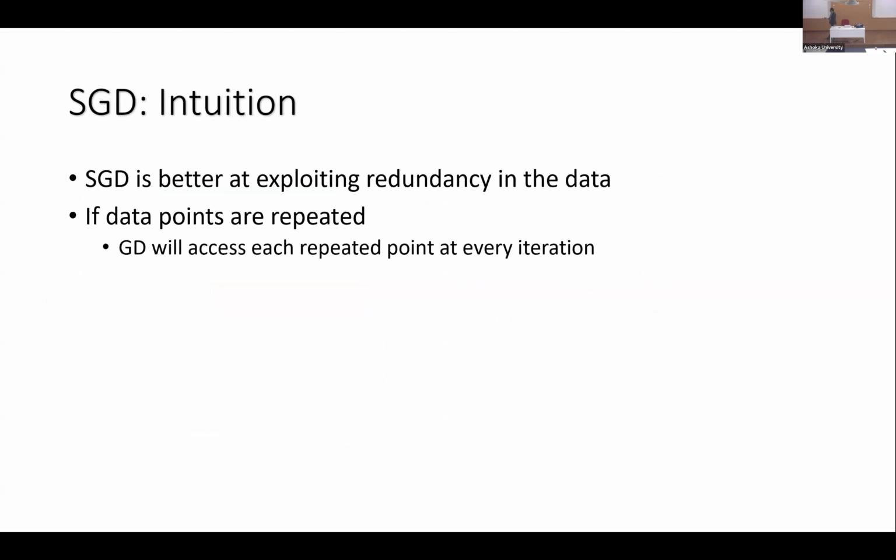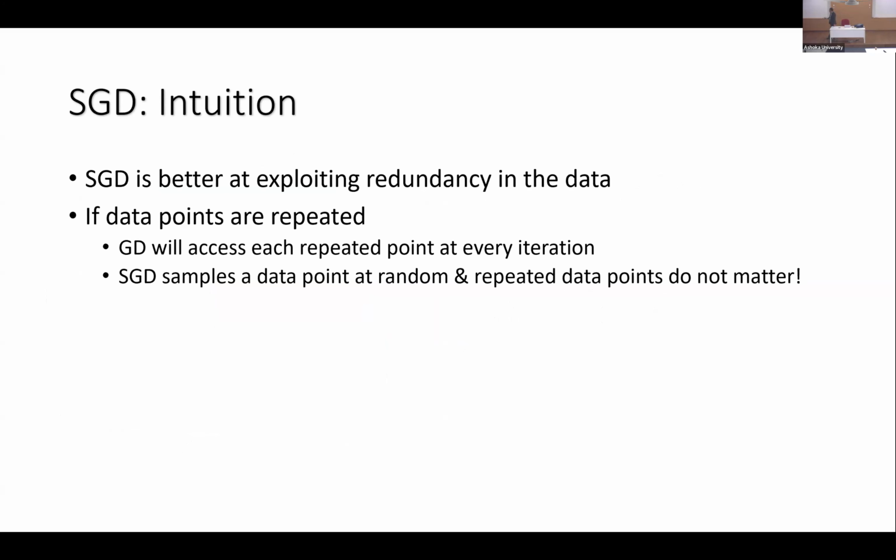And in the very extreme scenario, if data is simply repeated, if you just repeat the data points, then gradient descent will access each repeated data point at every iteration. But SGD samples the data points at random, so repeated points do not matter.